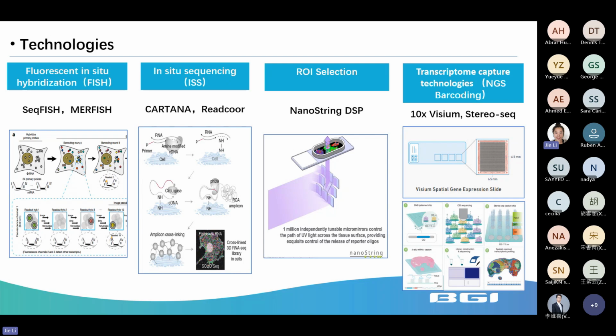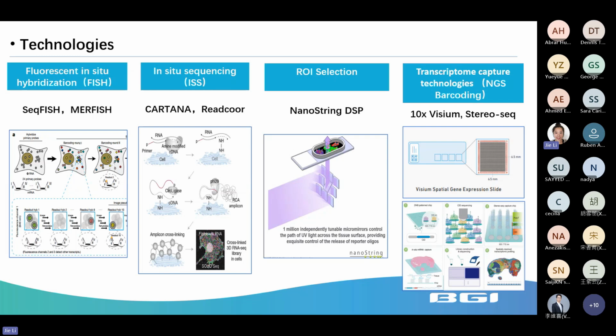Although these really early methods could provide basic information about cell morphology and tissue structure, they were not sufficient for understanding more complex processes. Due to the importance of transcript information and experimental detection, spatial transcriptome technology has developed rapidly, and now it is mainly divided into 4 categories based on different principles.